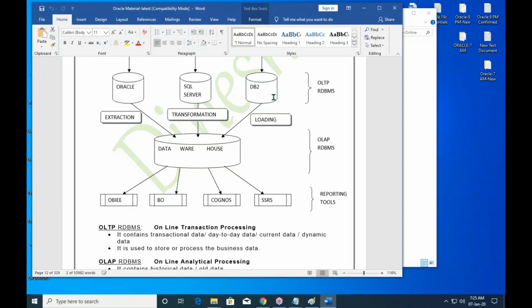What is that? Simple. The business people follow business periods. The business period is a quarter, 3 months. January, February, March, first quarter. April, May, June, second quarter. July, August, September, third quarter. October, November, December, fourth quarter.